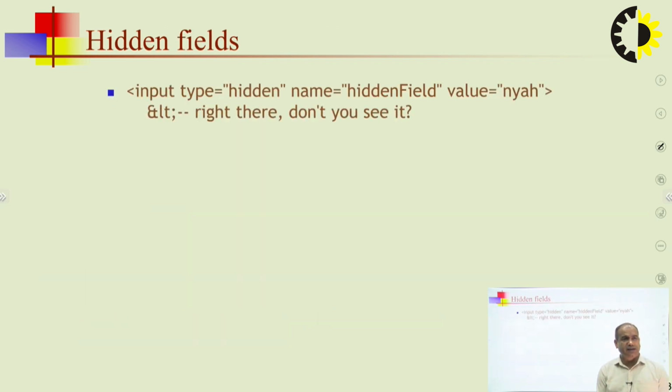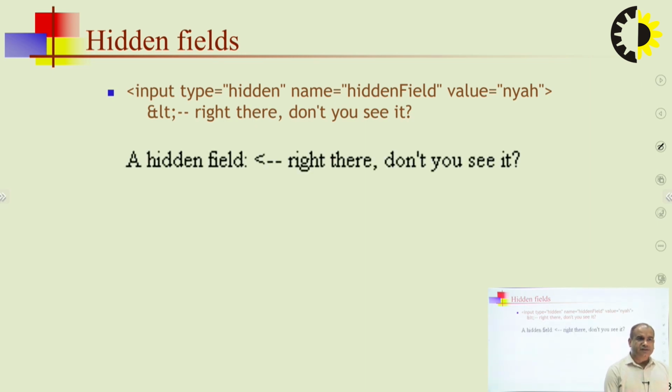Next important thing is the hidden field. Input type equal to hidden, name equal to hidden field, value equal to nil. You will see a hidden field right here. You don't see it here, but that is what is good about the hidden field.